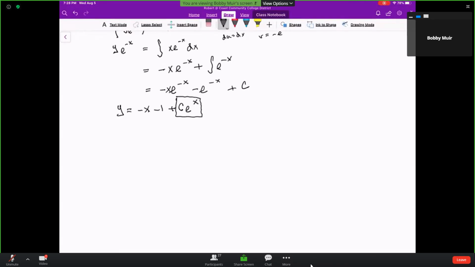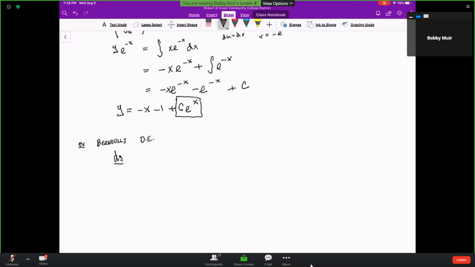Okay, so let's see. This next example is not exactly first order linear. This is called a Bernoulli differential equation, where it's almost first order linear.